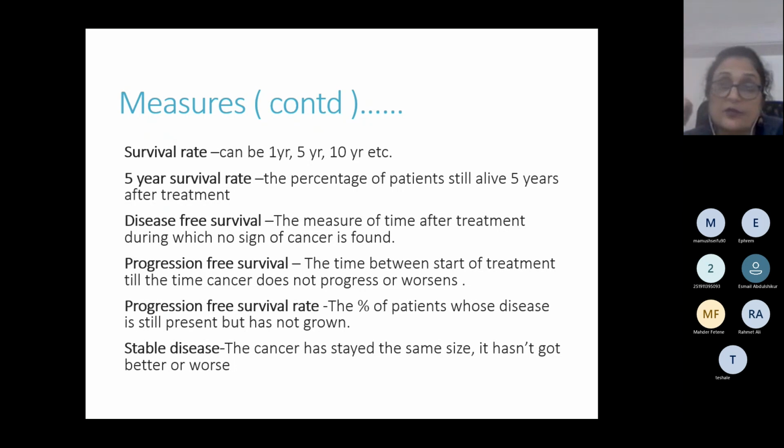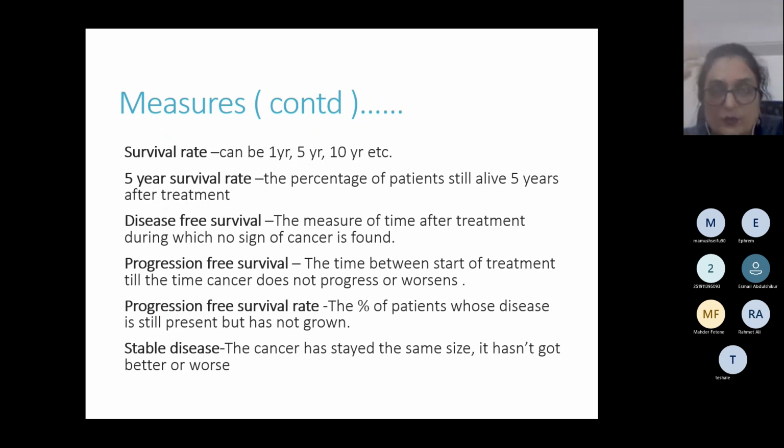If the patient stays for 10 years plus, that means the survival is 10 years plus from the day the treatment starts. So survival rate is the percentage of patients who are still alive 5 years after the treatment. If it is 10 year survival, it will be the percentage of patients who are still alive 10 years after the treatment. That is survival rate.